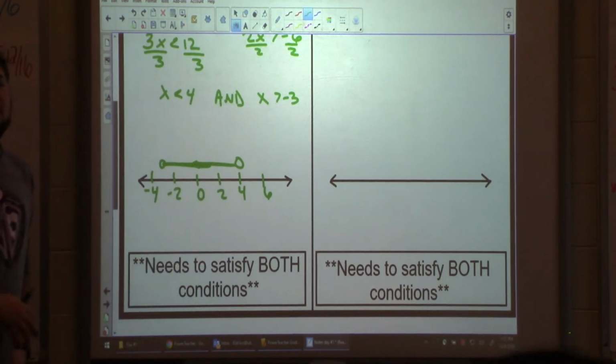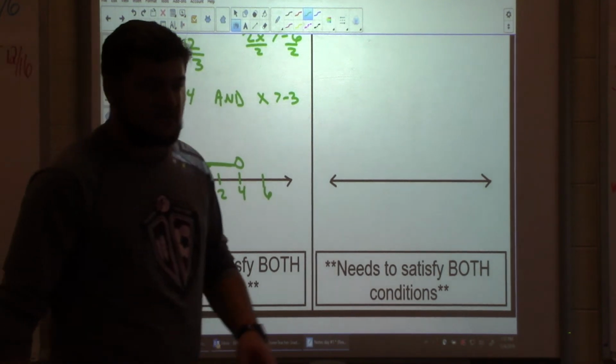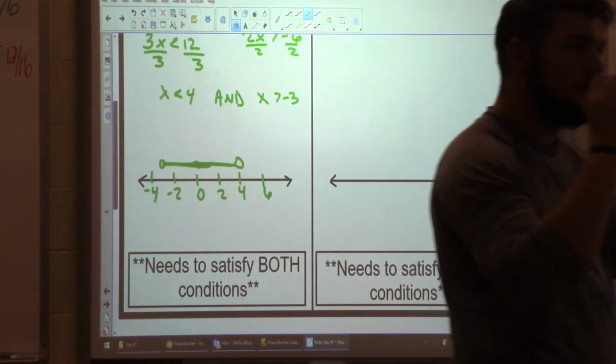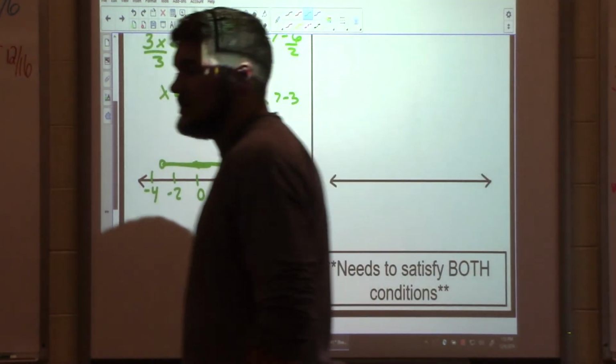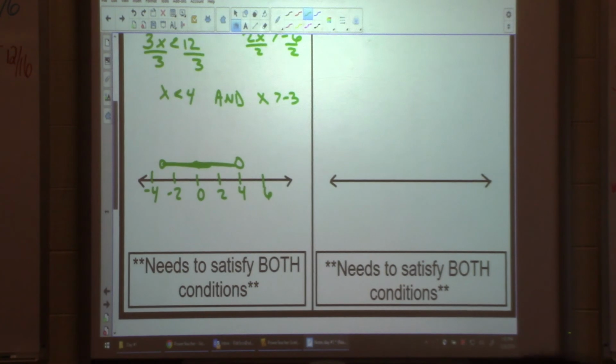In an AND problem, we should have two circles on either side, and we should shade in between the two of them, because that is the section where both of our restrictions are met. Or both of our inequalities are met. So we said with an and, both of them need to happen. So our graph should look something like this.